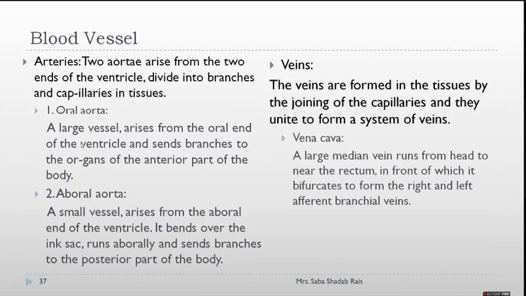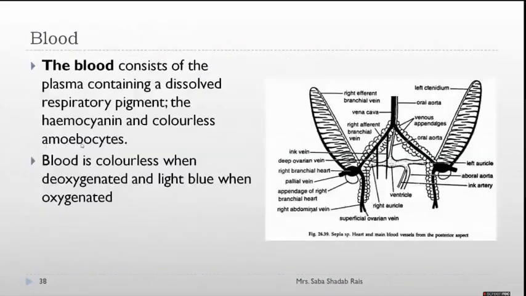A large median vein runs from the head to the rectum and in front of which it bifurcates to the right and the left branchial vein. This dark color you can see in the picture. These are the vena cava. You can see the mantle cavity somewhere here. Your rectum will come, right? So it bifurcates at that particular point.